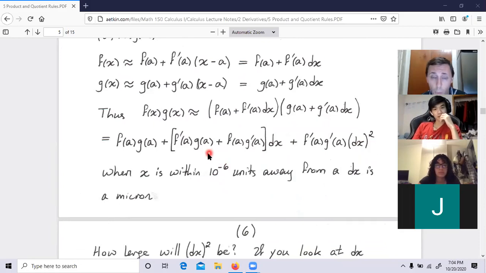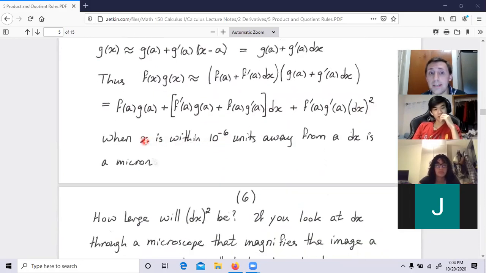Right? So what will happen if x is within 10 to the minus 6 meters away from a? That means it's a micron. If you remember biology, what is a micron? It's extremely small. It's a millionth of a meter, and you cannot see a micron with your naked eye. Correct? So imagine that I have x at a distance of a micron from the point a. Okay.